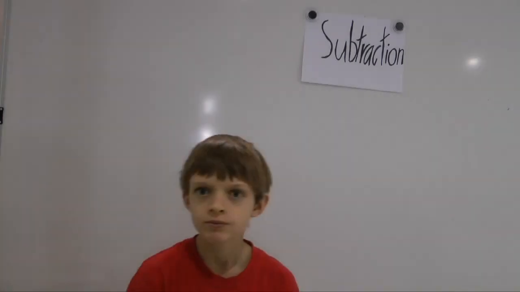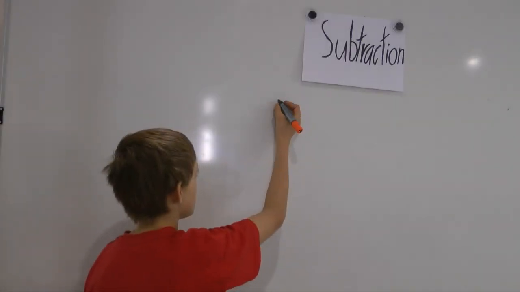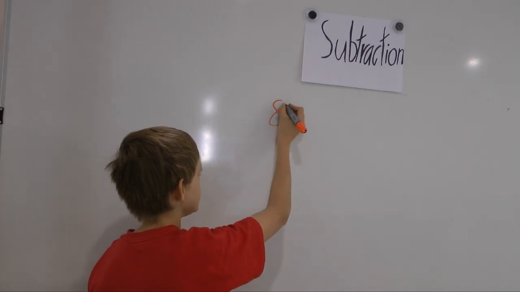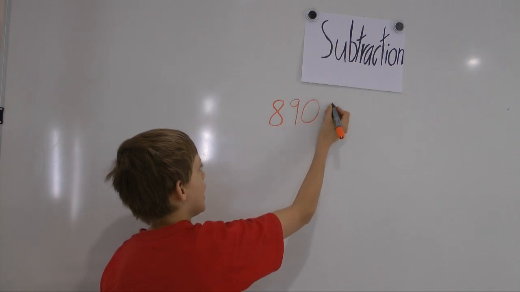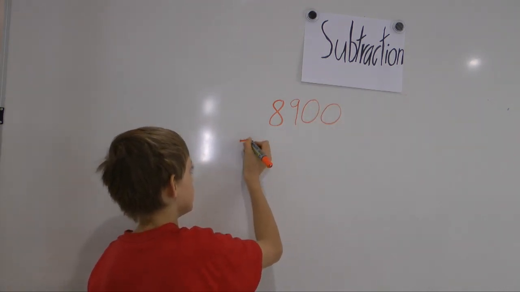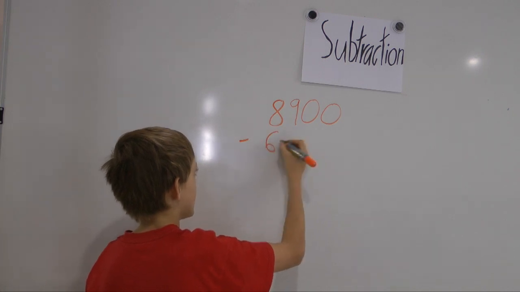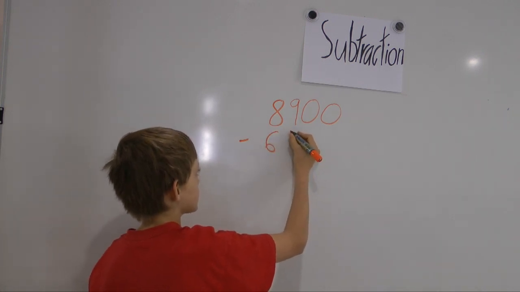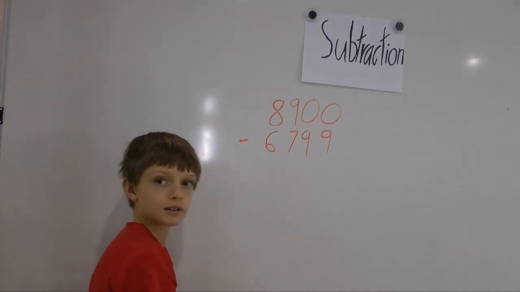Great job! So, to start off with, we will do 8,900 minus 6,799.